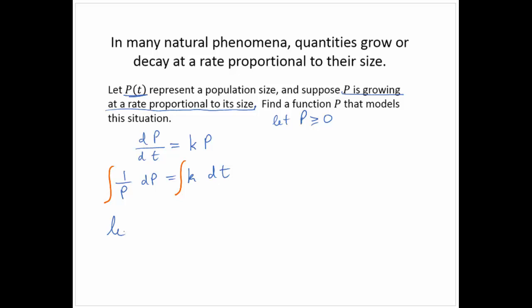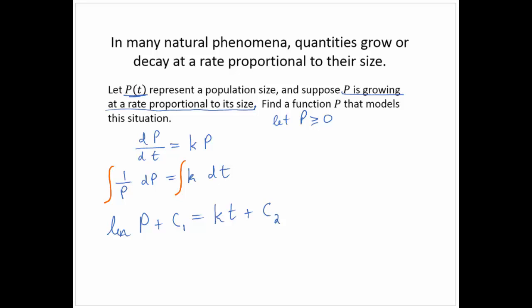So I can write natural log of P plus a constant is equal to, now let's see, the integral of k with respect to t, that would be kt plus a constant as well. So I'll call the constant on the left C1 and the constant on the right C2.